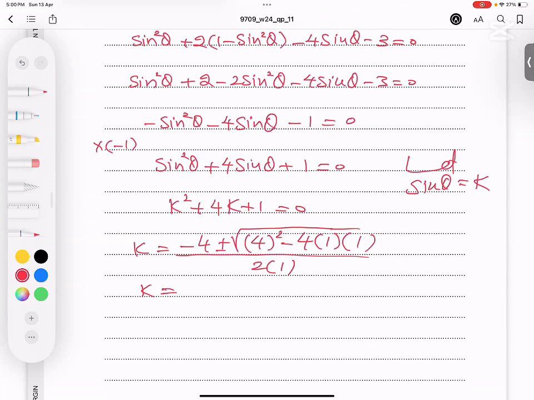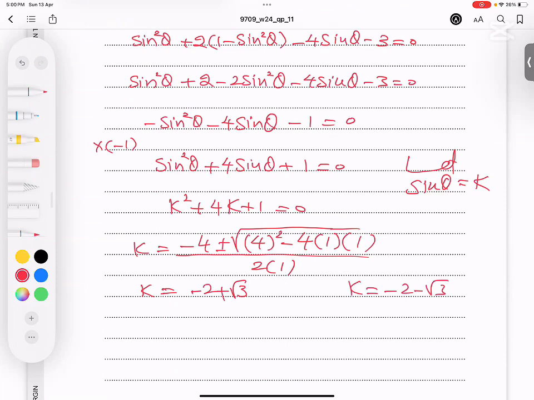And so now I'm typing -4 plus root 16 minus 4, divided by 2. And I got here -2 plus root 3. And the second number, if I keep the minus sign outside, I get k value -2 minus root 3.